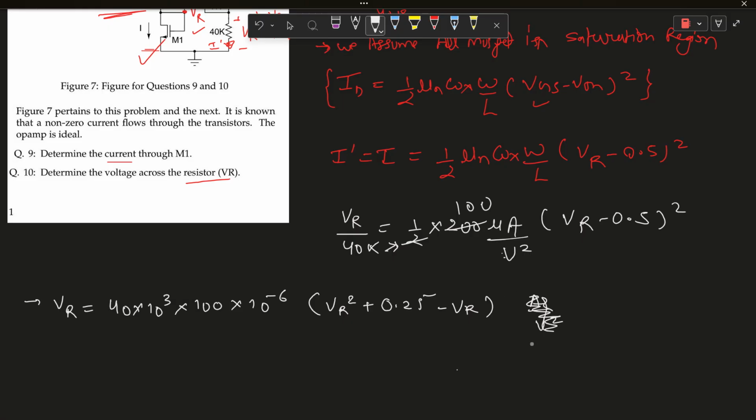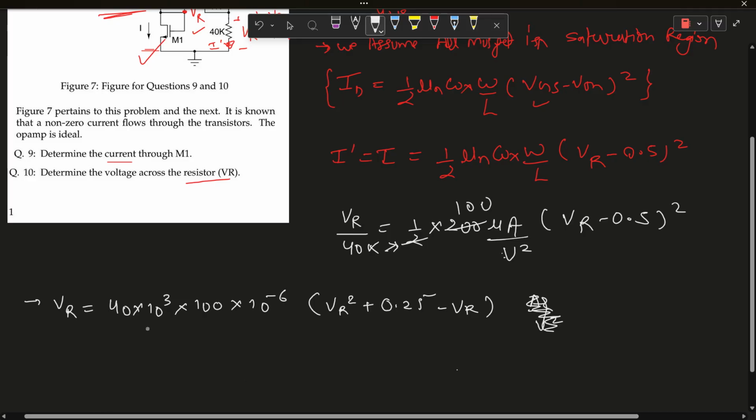After solving, I am cancelling out the units. The voltage square cancels with this unit, and there is a microampere current and a resistance, so we get ampere into ohm, which is volt.